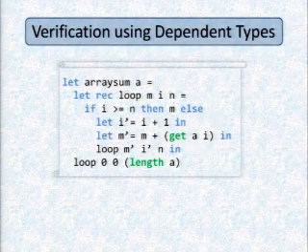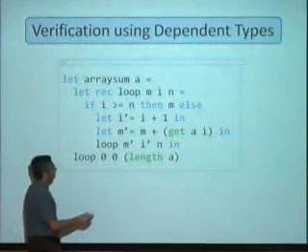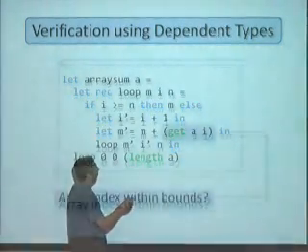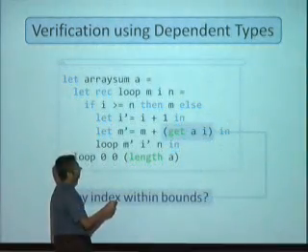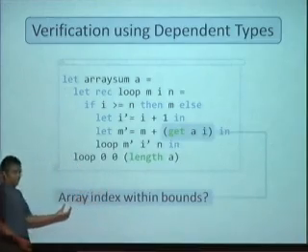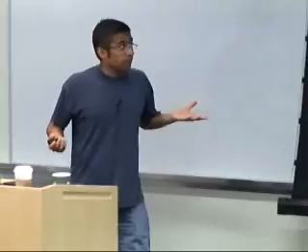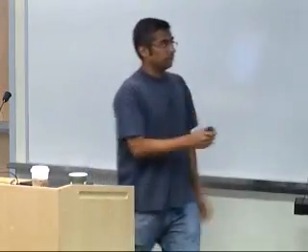Let's look at another example. Here is some program. It doesn't really matter what it does. Just look over here. This is an array access. A is some array, I is some index, and get A I means look up the array A at the index I. How do we know that this index I is within bounds? That is, it's between 0 and the length of the array.